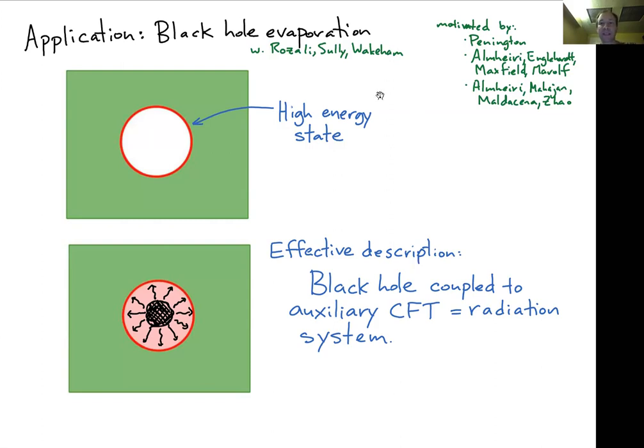One of them, which I talked about a while ago with Moshe Rozali and Jamie Sully and my student David, is related to models of black hole evaporation and holography, where one starts with some holographic system in a high energy state that would normally be dual to a black hole in equilibrium with its Hawking radiation. And then one imagines coupling that system to some auxiliary system so that now the black hole can evaporate, so that the information from the black hole can escape into this auxiliary system.